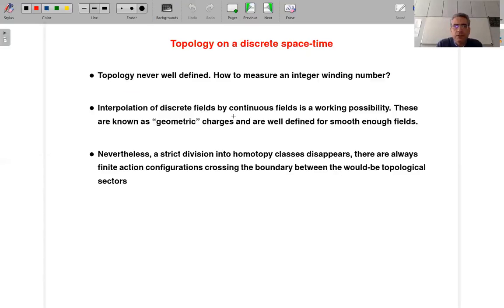In this way you recover, in some sense, a concept of topology, and this is the idea at the basis of the so-called geometric definitions of topological charge on the lattice. Usually they work well if you have smooth enough gauge fields.